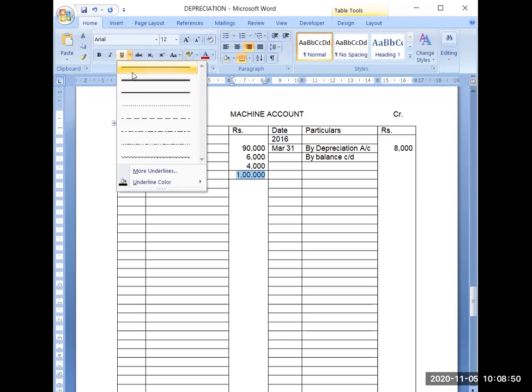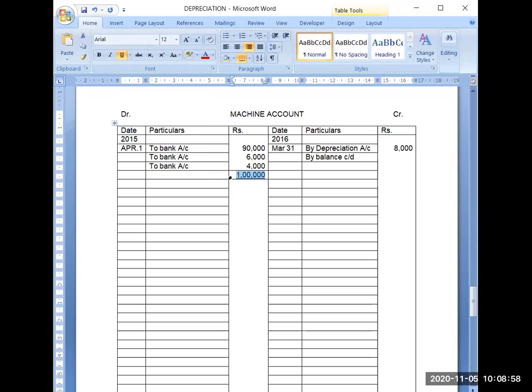Will be also underlined in this manner. Now this total will be written against it only, in this manner.